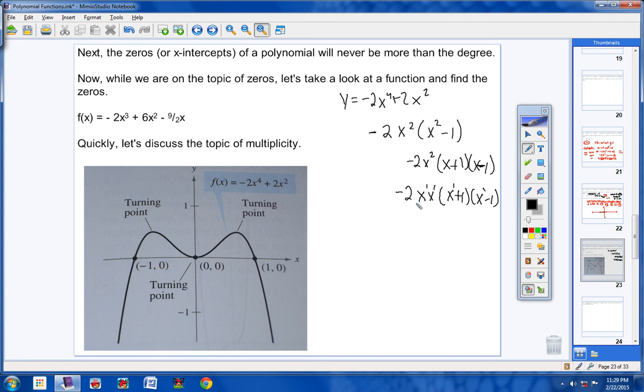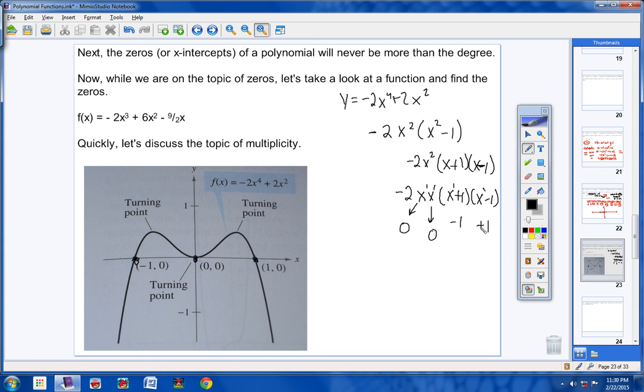For this x right here, I would have a 0 of 0. For this x here, I would have a 0 of 0. For this group here, I would have a 0 of negative 1. For this group here, if I set it equal to 0 and solved, I would have a 0 of positive 1. So that means I have x-intercepts at negative 1, 0, positive 1.